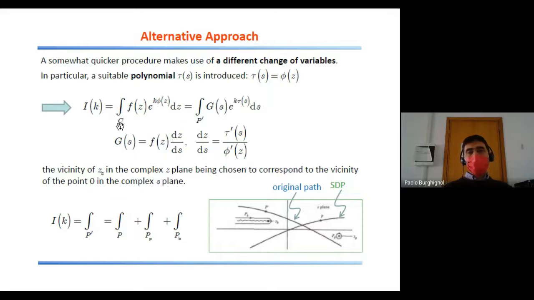So if you start with the same integral as before, by changing variables, what you get is a new integral in s, in which the new integration path is p prime.